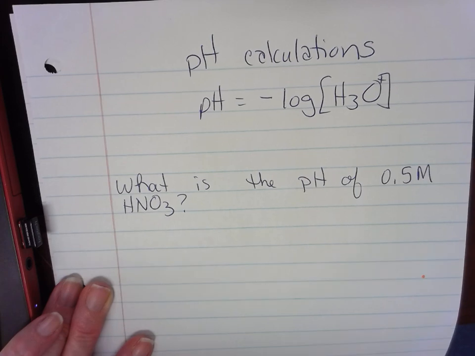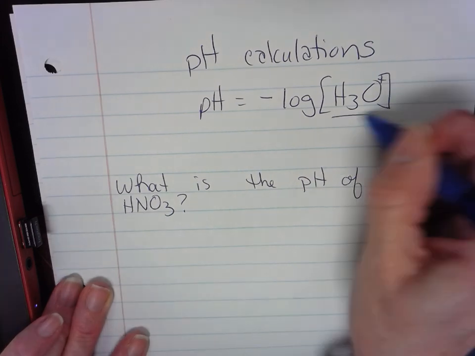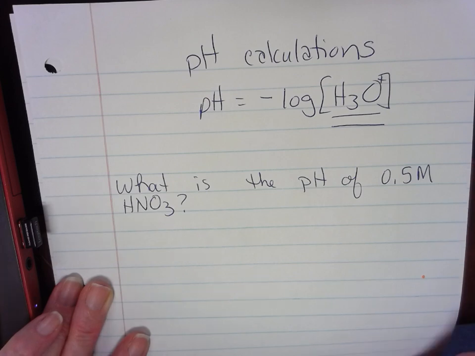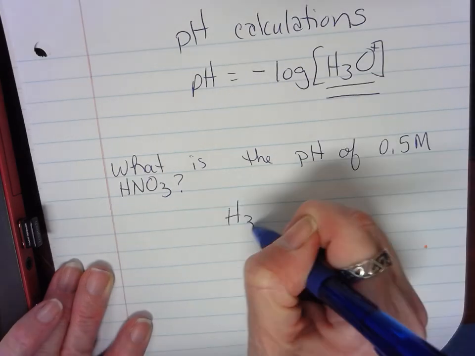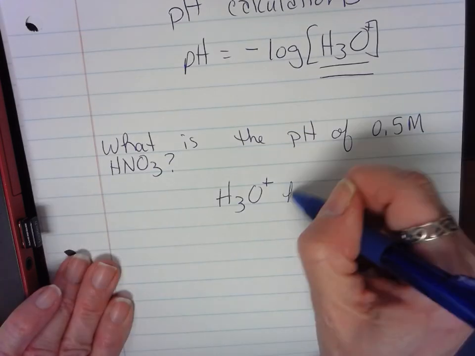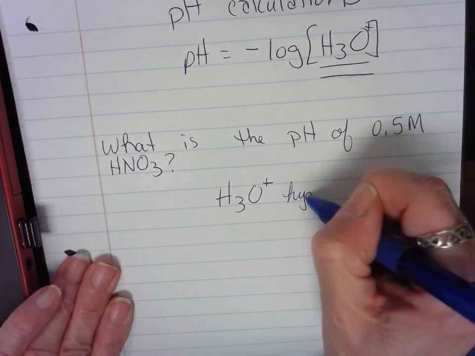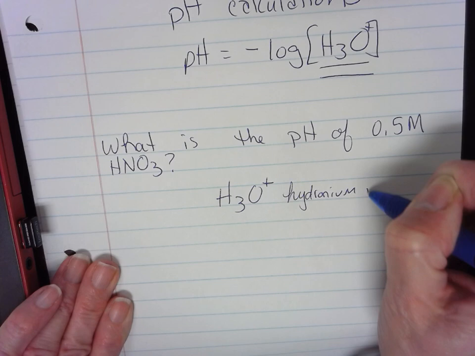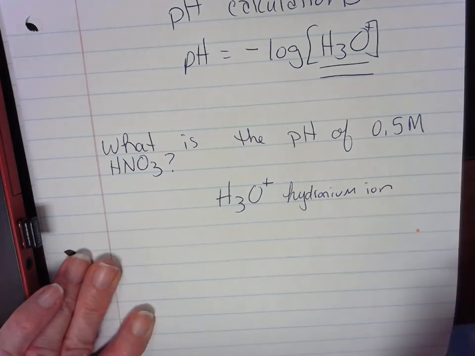When we say H3O, that's the hydronium ion. Okay, it's a big name, but here's what it means. It means the hydrogen ion.